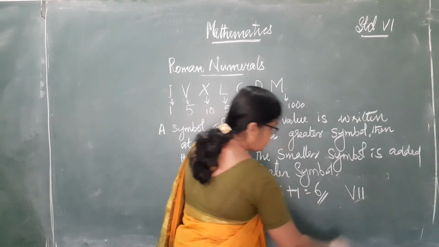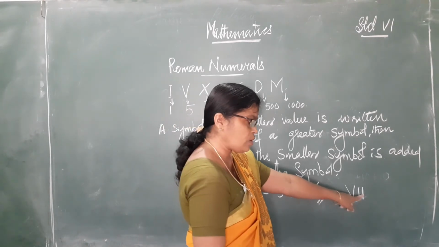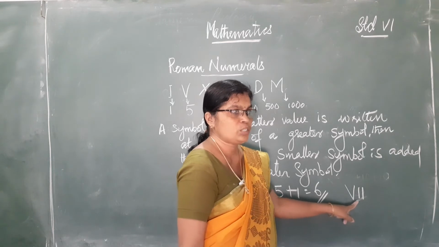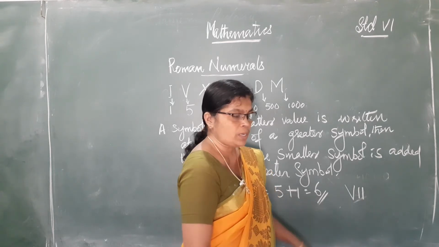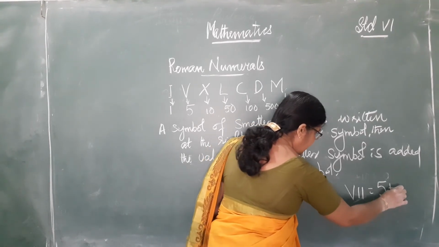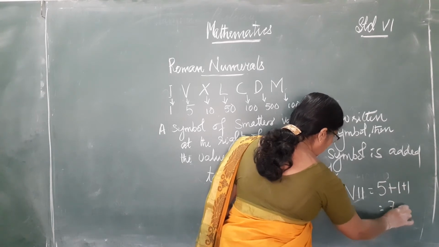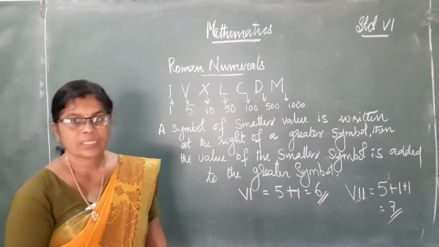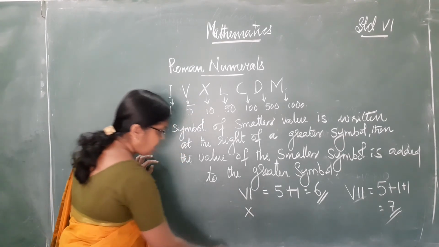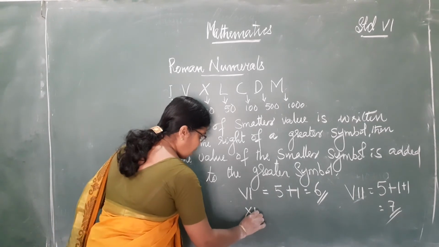Again you see, V and 2 I's are written here. The smaller values are written to the right of the greater symbol, right? Then their value gets added to the greater symbol. That is 5 plus 1 plus 1, equal to 7. Similarly, X is 10 and one more I is written.